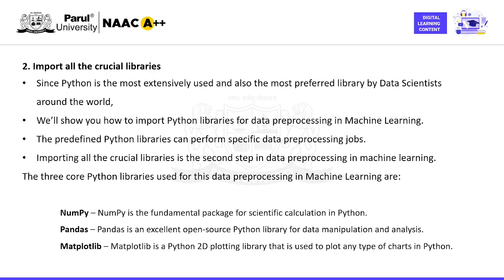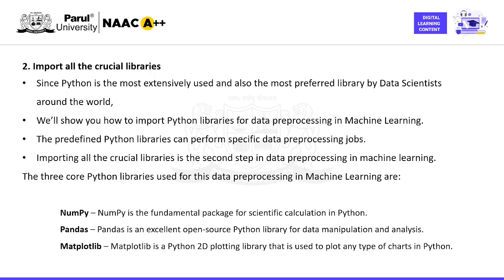And we know very well the Python language is most extensively used and also the most preferred language by data scientists around the world. So we will see how to import Python libraries for data pre-processing in machine learning.